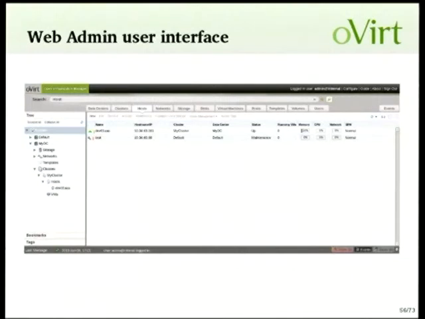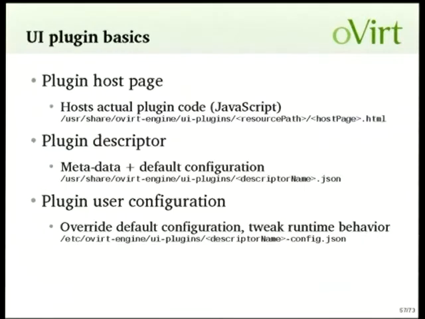This is the web admin user interface you are normally working with, and you can extend this interface by creating custom buttons, for example, or creating different tabs, and write your code for this. What do you need to do to create a UI plugin?